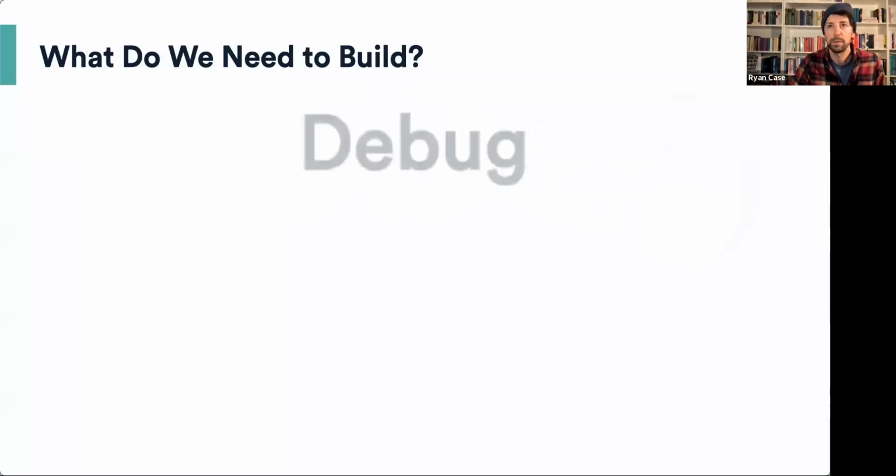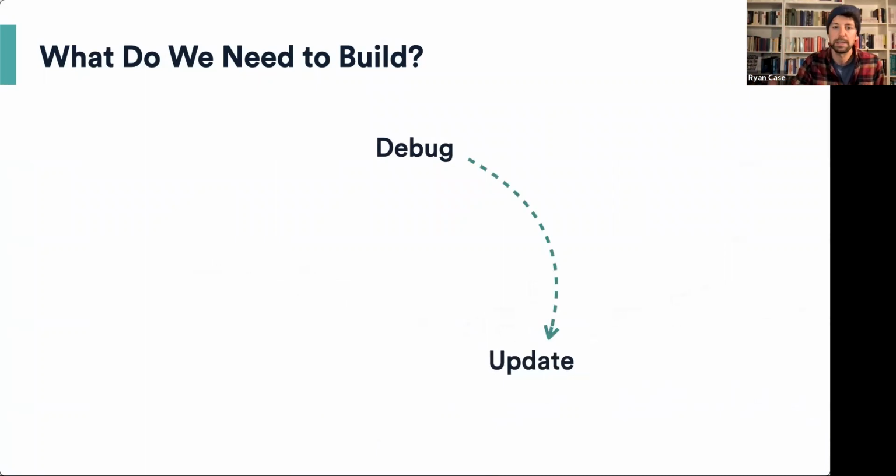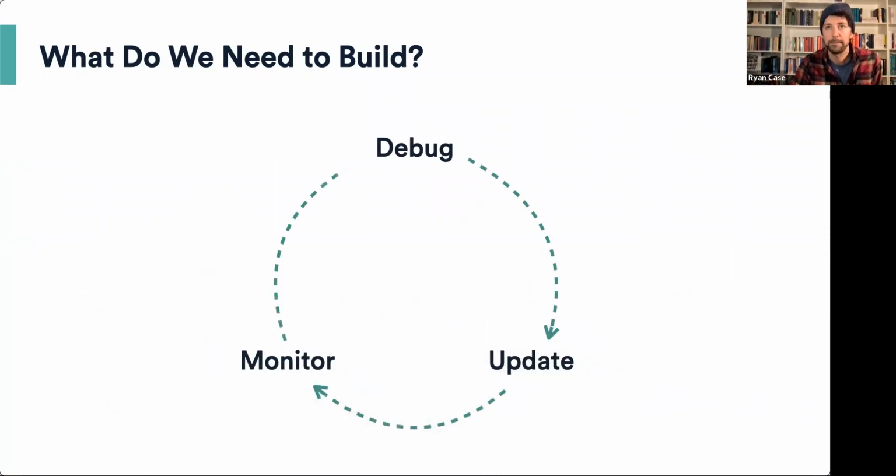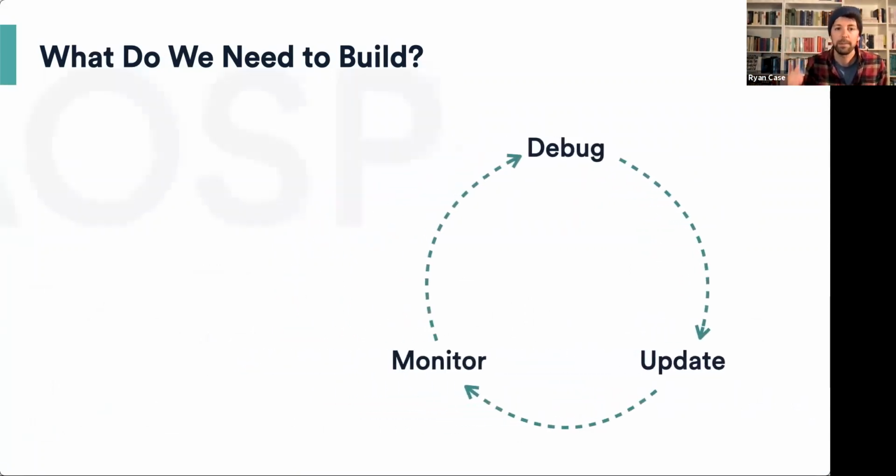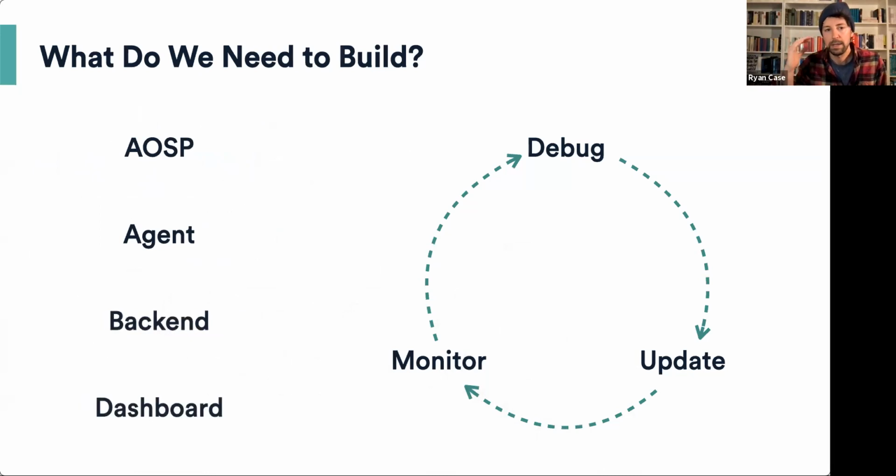So we'll go through each step in this virtuous cycle, starting with, like we said, debugging, and then updating, monitoring. And for each step in this process, we're going to think about the data pipeline that's involved, starting with Android. These are the Android APIs that we're all familiar with.